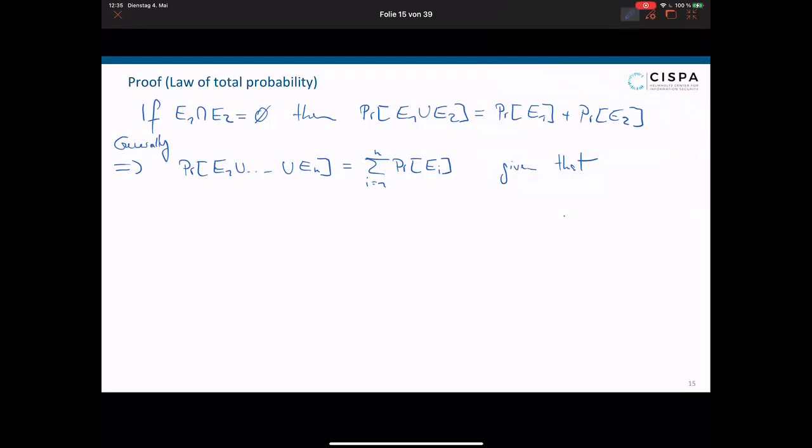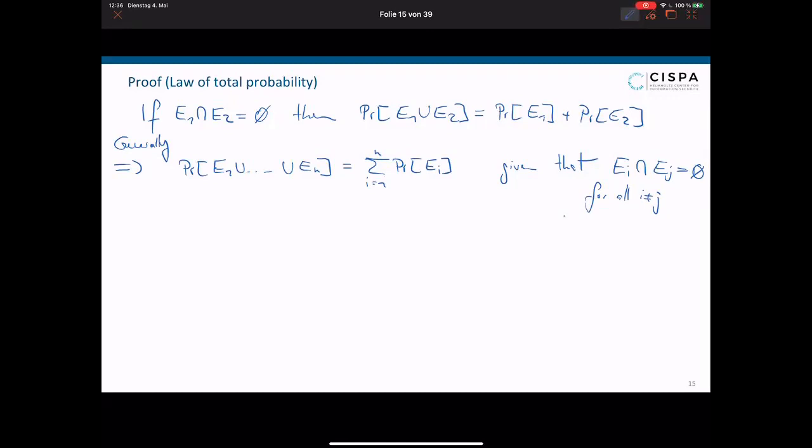The intersection is empty. I don't know why I wrote it's not empty. Ei intersect Ej equals the empty set for all i not equal to j. Okay, that's a generalization. If we have this partition E1 to En, and each pair of events are disjoint, then we can write the probability of the union just as the sum of the probabilities of the individual events.